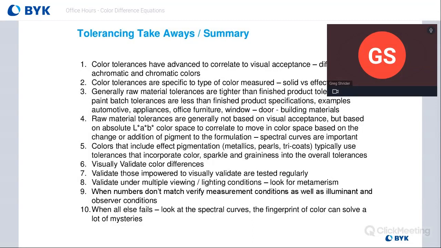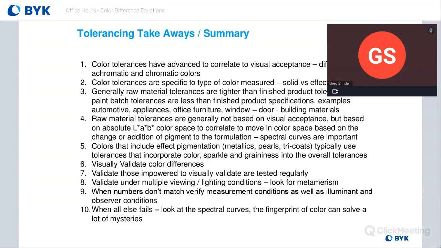Color tolerances are specific to the type of color being measured. So is it a solid color or is it an effect color? If it has effect pigment in it, we have to take into account extra variables and tolerance for those.